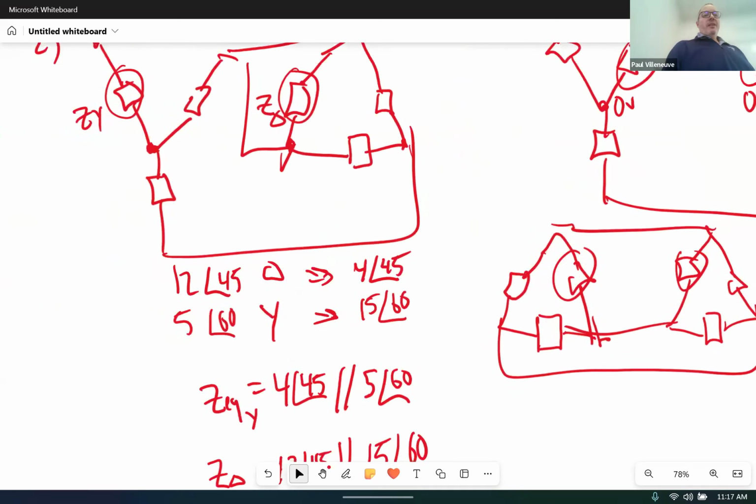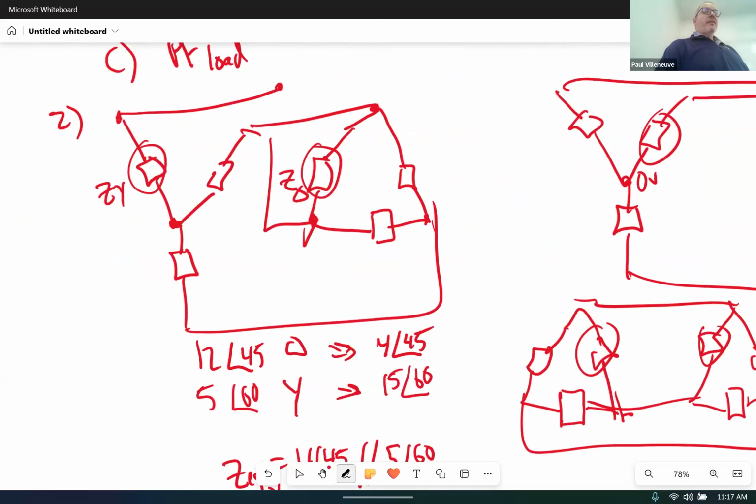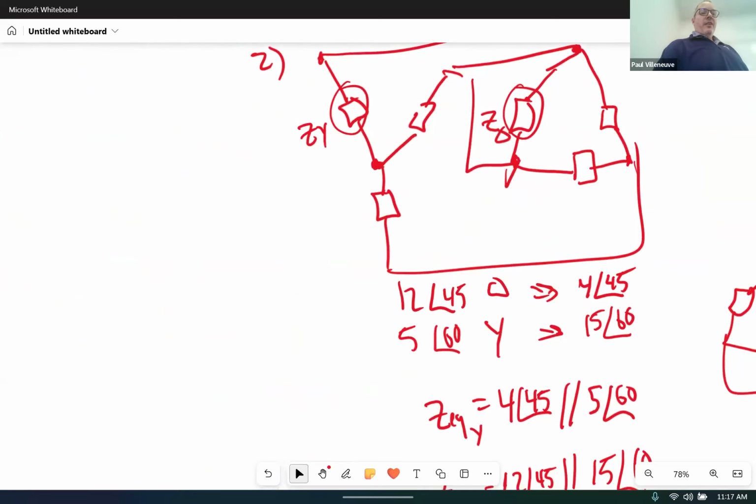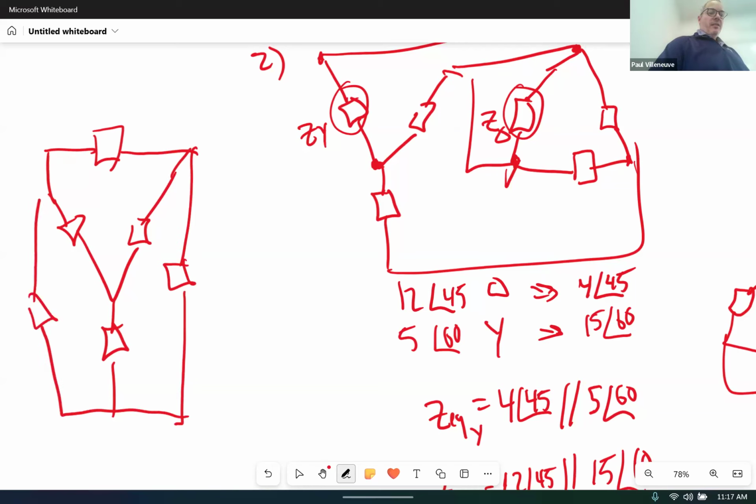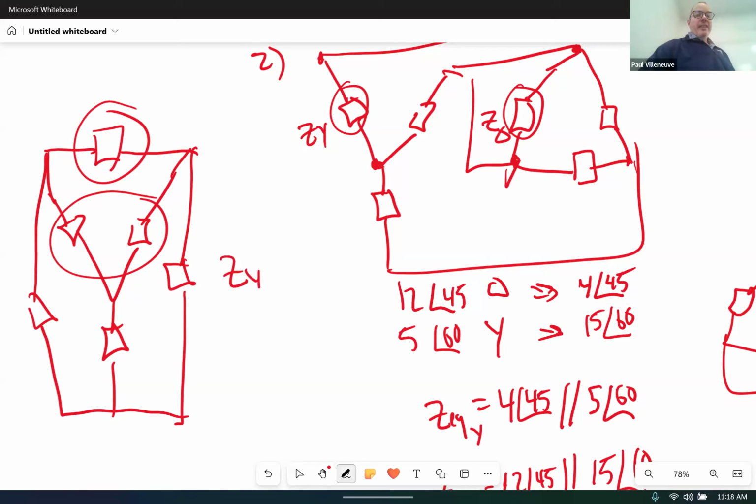No, they should not be the same because, here's my Y. If I have a delta, the equivalent is I'm looking across those. So this here has to be the equivalent of those. So Z_Y has to be equal to 1/3 Z_delta.